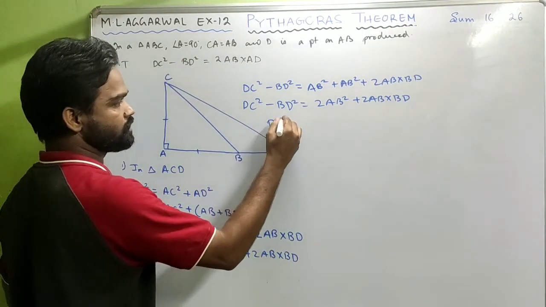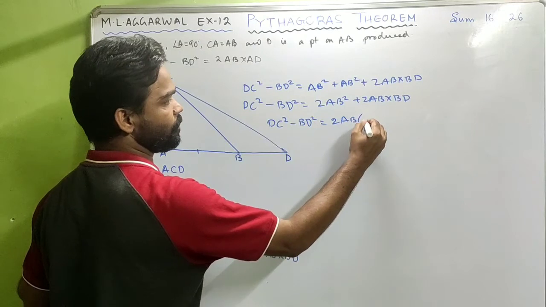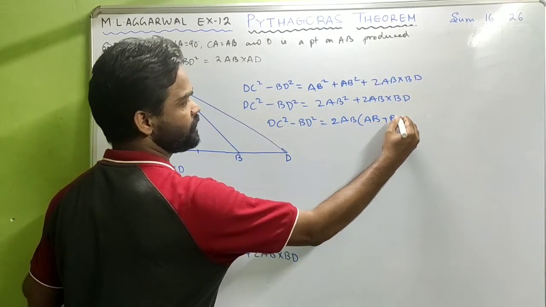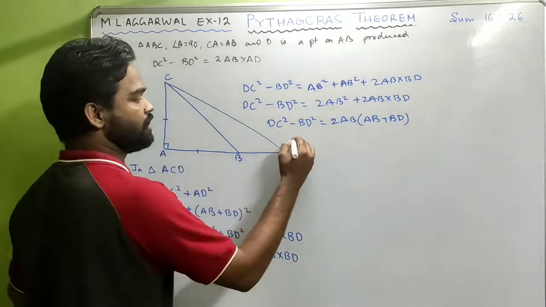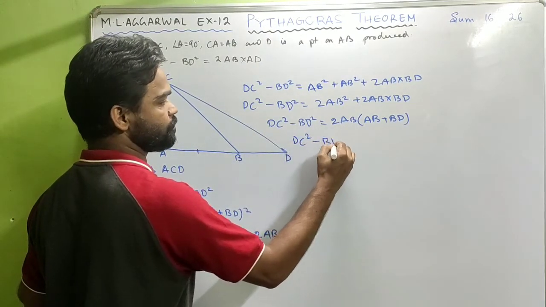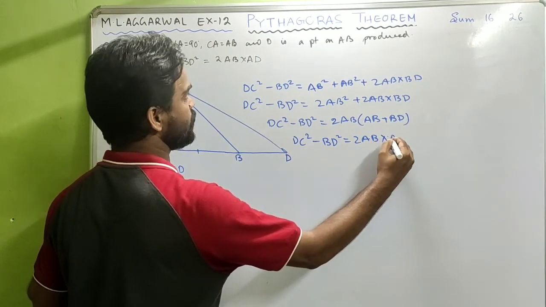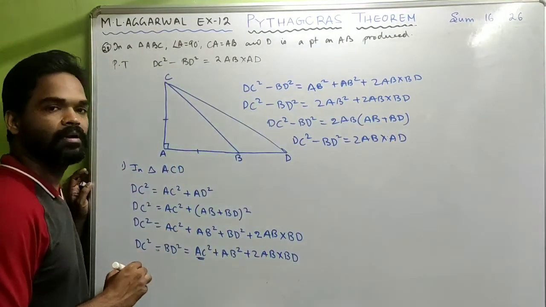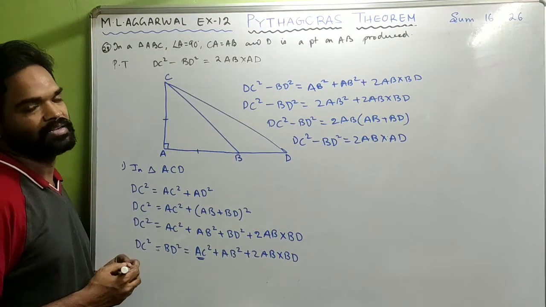So DC square minus BD square is equal to twice AB, if you take common, AB plus BD. And if you look carefully, AB plus BD is nothing but AD, which means DC square minus BD square equals twice AB multiplied by AD. Done.